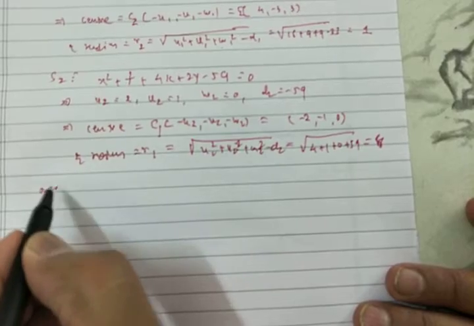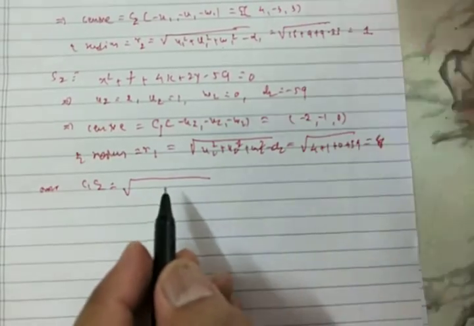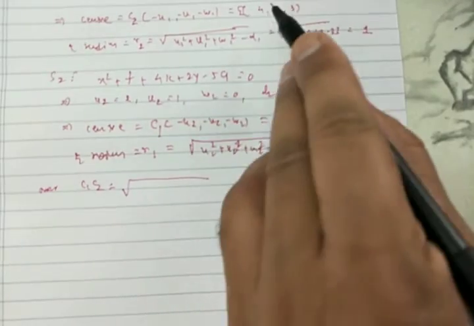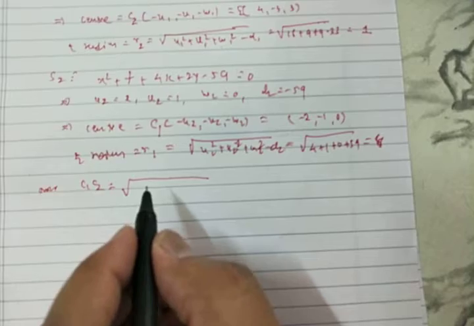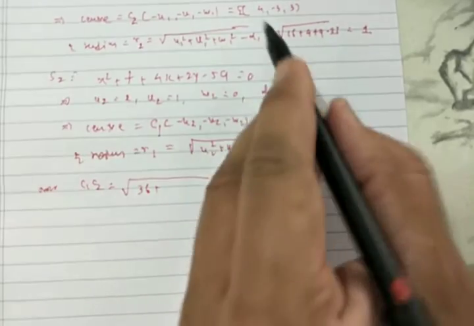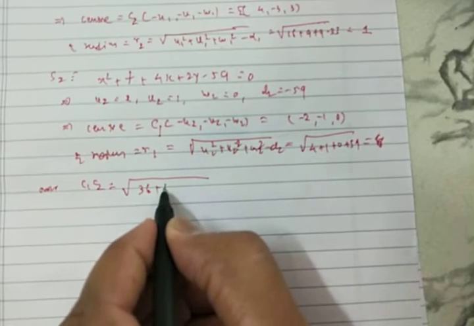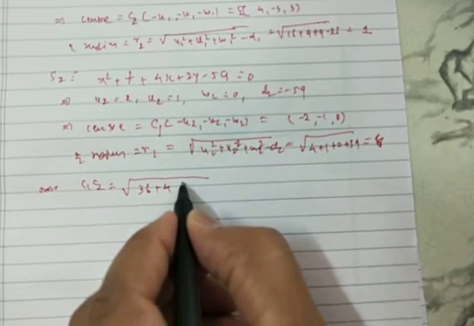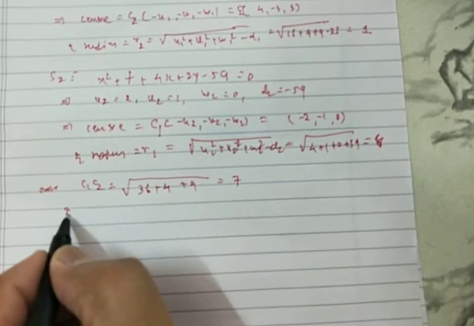Now C1C2, see the distance between the two centers: 4 minus minus 2, 6, 36, minus 3 plus 1, 4, plus 9, 49, that is 7.